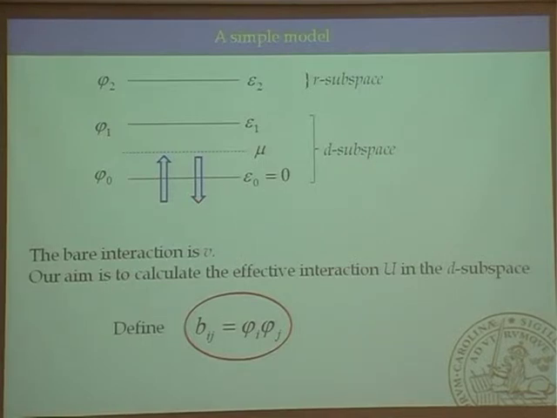So we would like to downfold the Hamiltonian, the R subspace, into this D subspace. We have to include the effects of phi 2 on the screening of electrons in this D subspace. I would also like to define this quantity here, because it appears again and again. I just write it as Bij. It's a product of two orbitals.